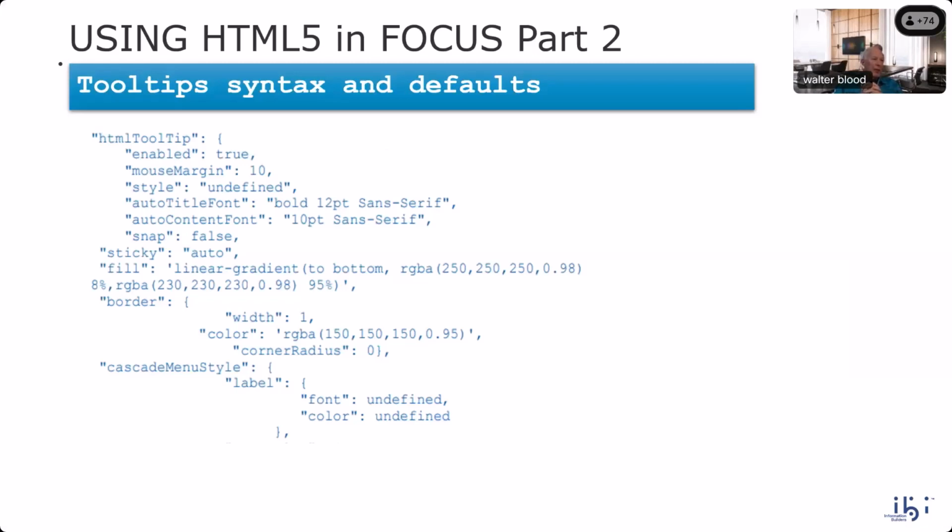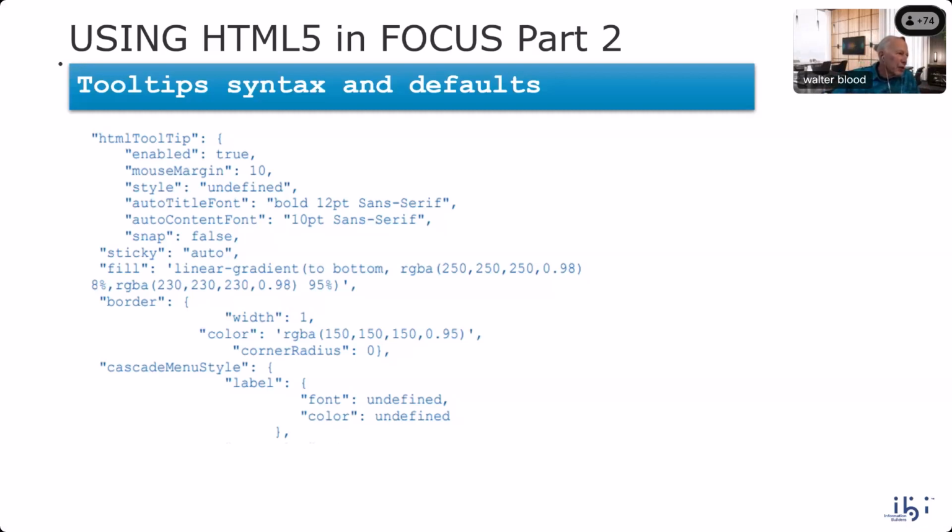These are some of the labels that you can use in JSON to modify the behavior. These are the defaults showing here, and we'll show some of these. Obviously, if you want a tooltip, the very first thing that has to be enabled has to be set to true. If that's set to false, everything else is irrelevant, and there is no tooltip active.